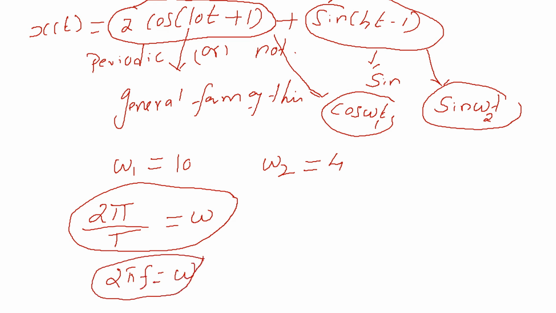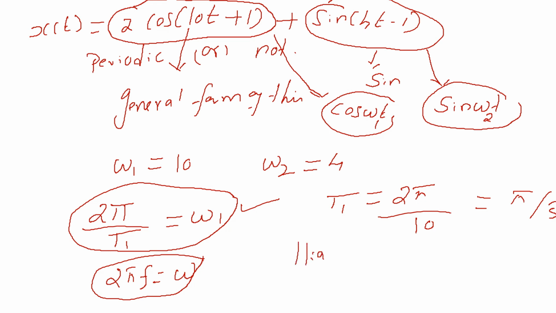From this equation, I can find the value of the period. Let us denote it as t1. t1 is equal to 2 pi by 10, so this is nothing but pi by 5. Similarly the value of t2 also we can find out, so you can work it out on your own. The value of t2 is equal to pi by 2.